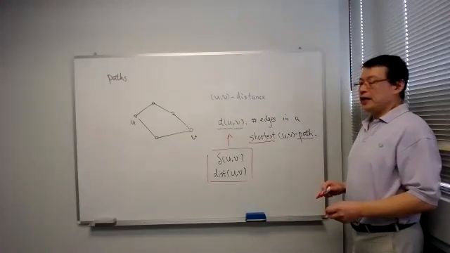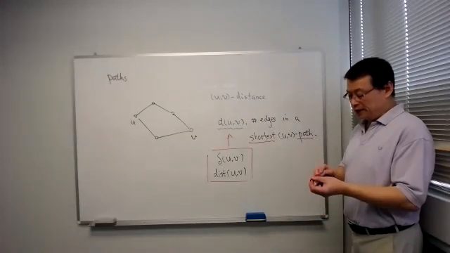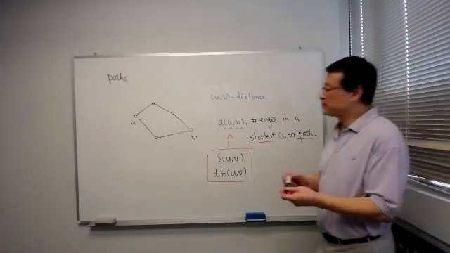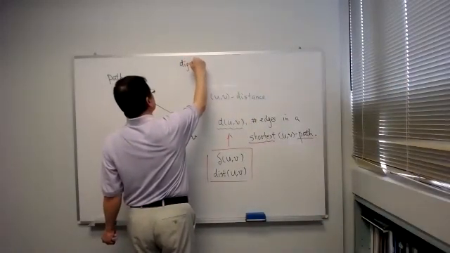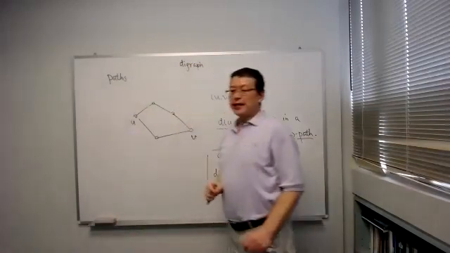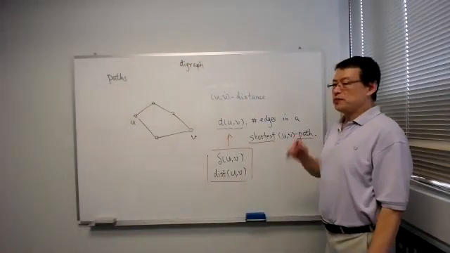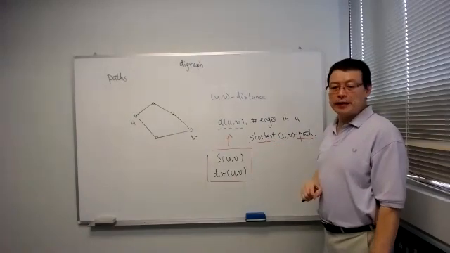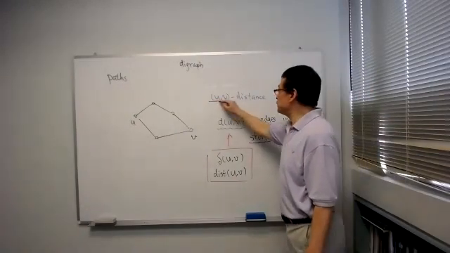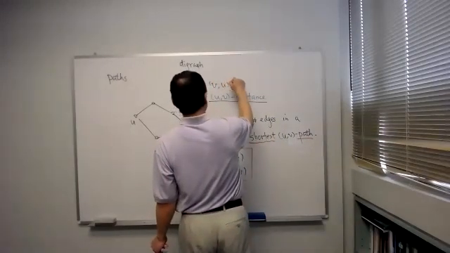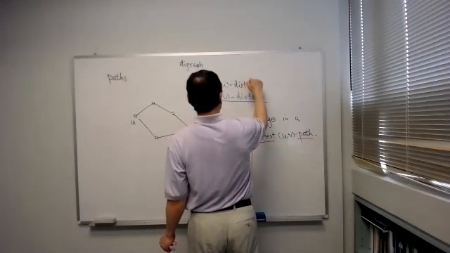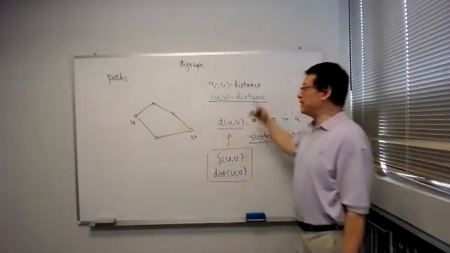Now for a directed graph, for a digraph, distance is not symmetric. The distance from u to v and from v to u may be different. So then we use the uv distance and the vu distance. For some graphs, they may not be equal.